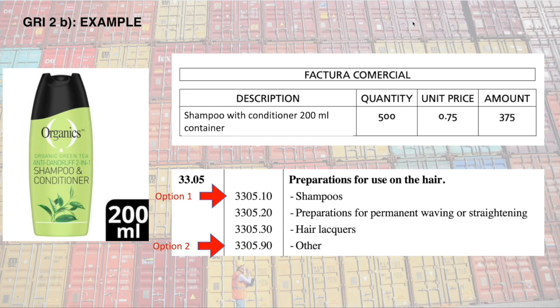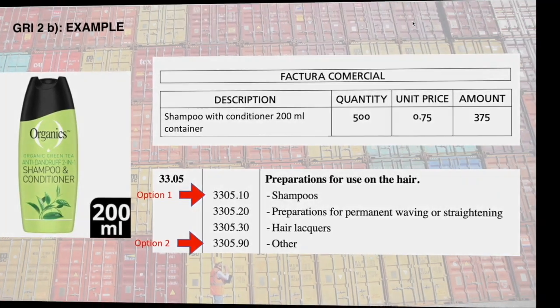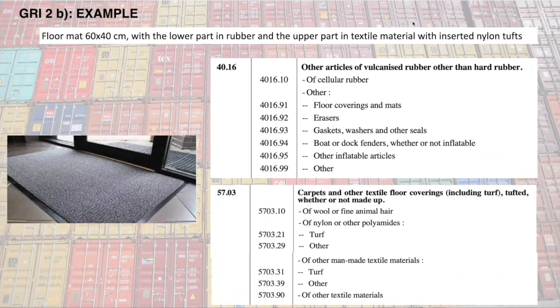Let's see another example now for a product made up of two or more materials. This product is a floor mat composed of two materials: rubber in the lower part and textile material on the upper part.